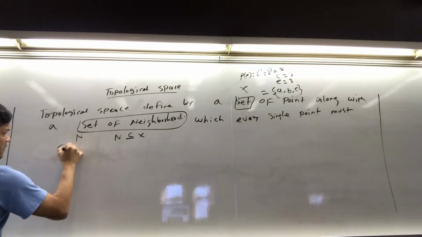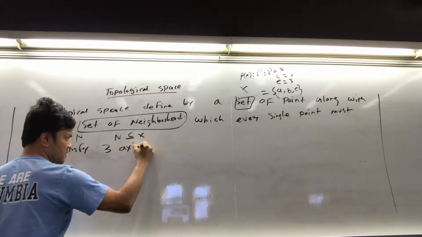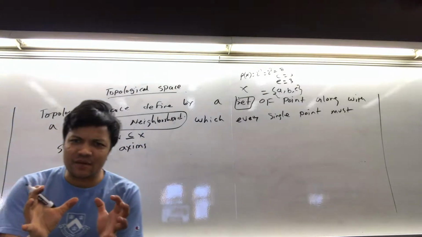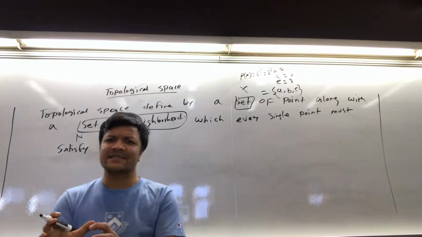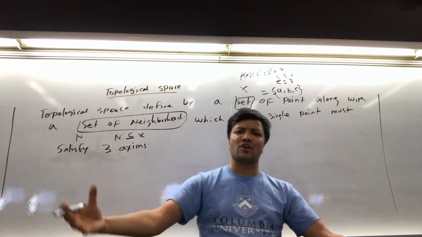If it satisfies the three axioms, then you can call it a topological space.